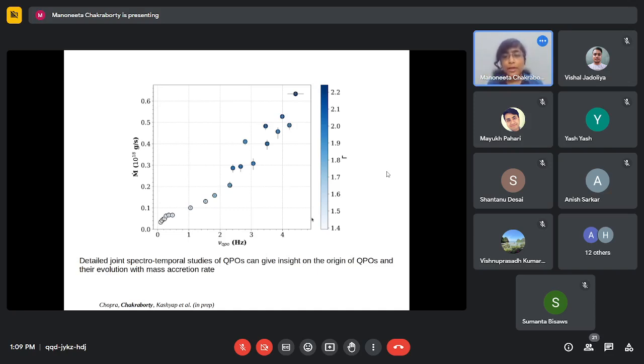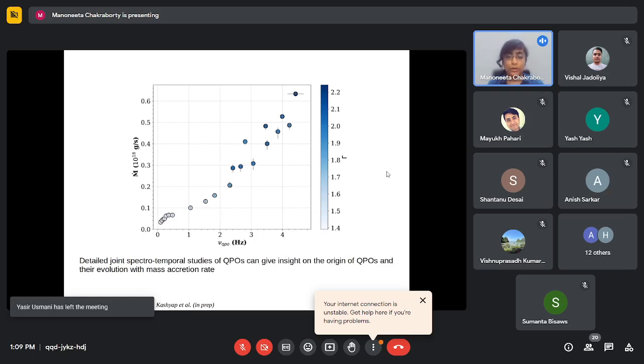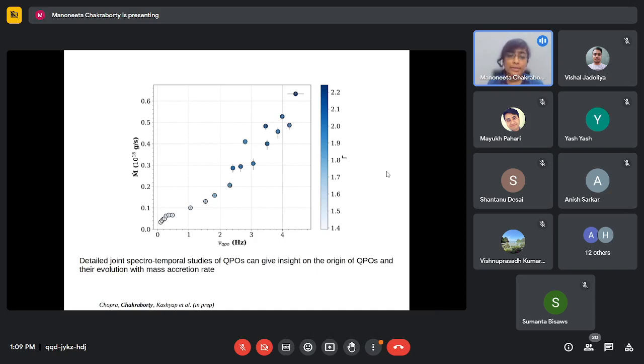For example, here the color represents how much the non-thermal emission is dominating the emission from the compact object X-ray binary, the black hole emission. So we see that the more non-thermal the emission is, the higher the frequency of the QPO. Okay, so that also can be related.